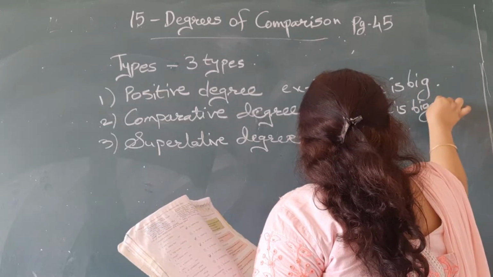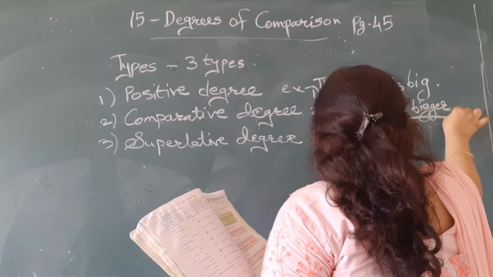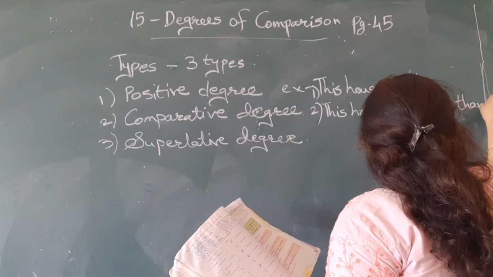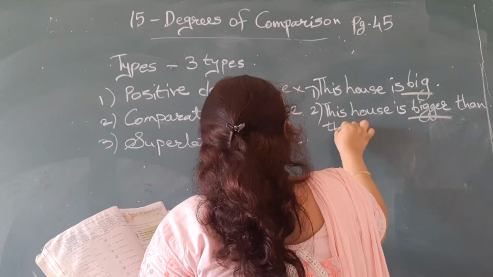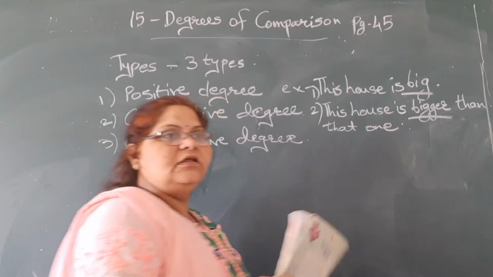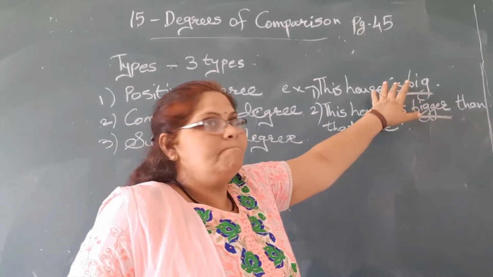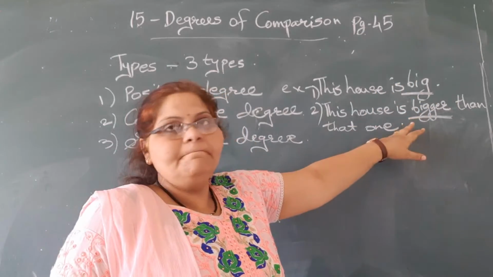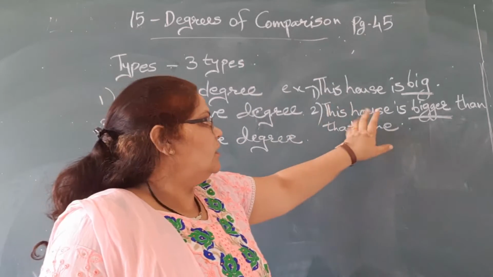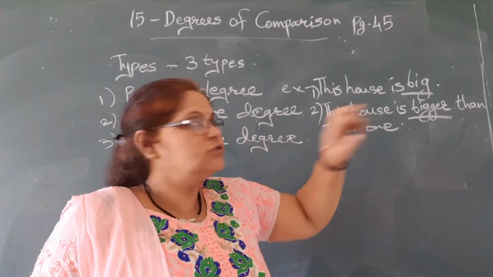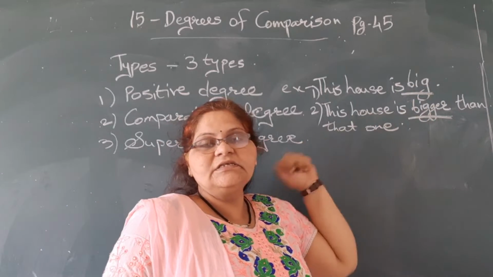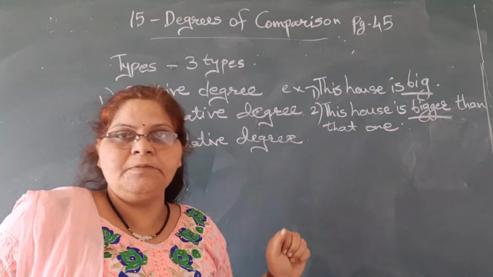It is written, you have to make comparative. So bigger than that one. So here a comparison is between houses. So big and bigger. A comparison is between two houses. This and that one. So what is the change we have written? Here it was big and in this sentence comparison is there. So we have written bigger.